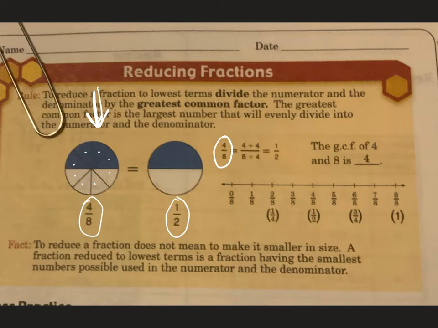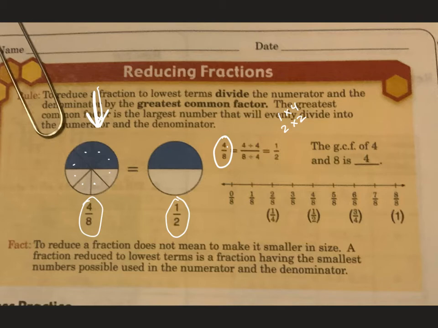For 4/8, first we can think in our head, what is the greatest common factor? If you need to, use scrap paper and write it out. But the easiest way is to look at your smaller number, which is usually your numerator, and right here it's 4, and think, what are the factors of 4? You have 1 times 4 and 2 times 2.